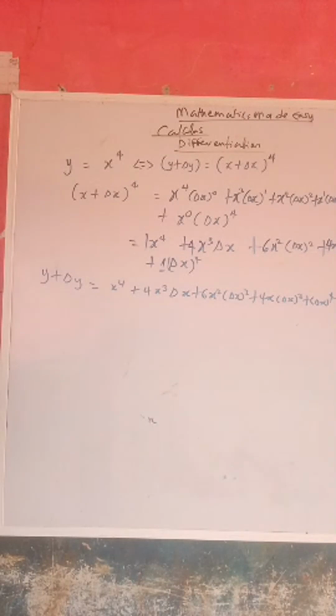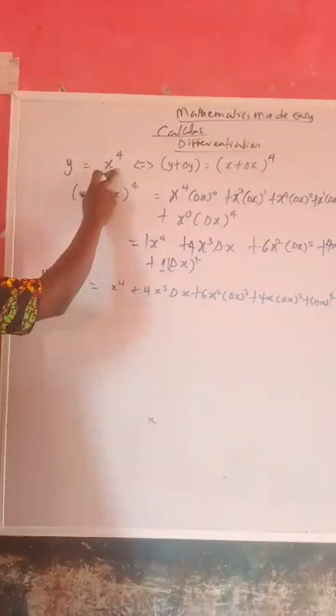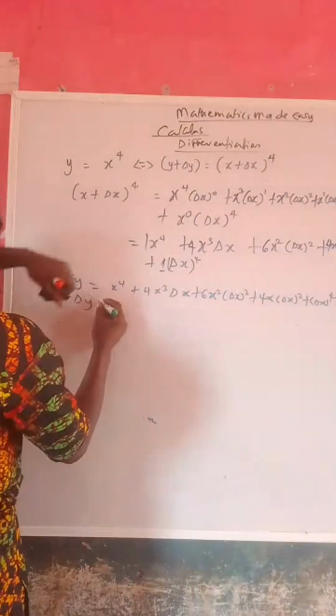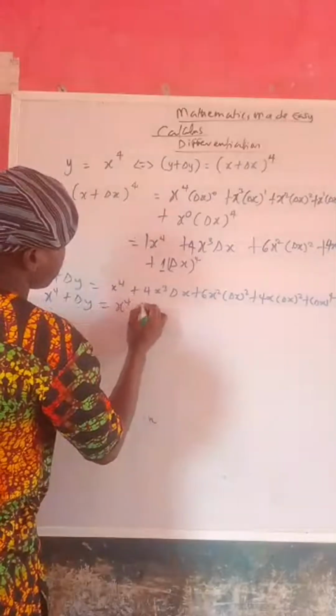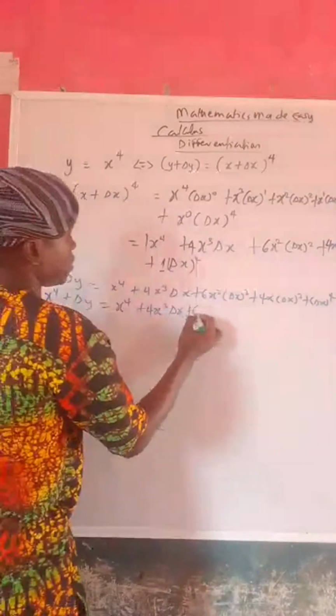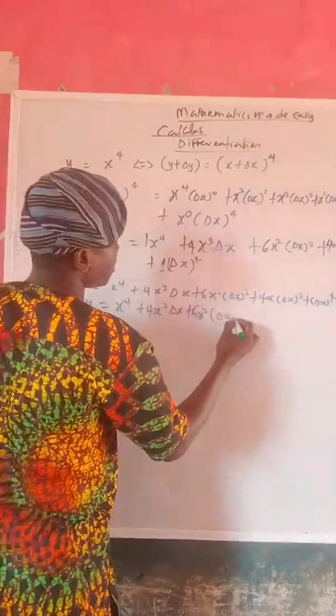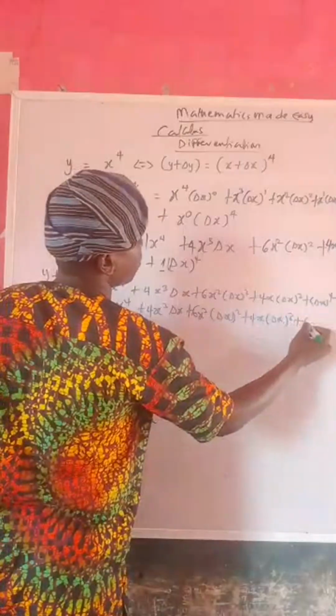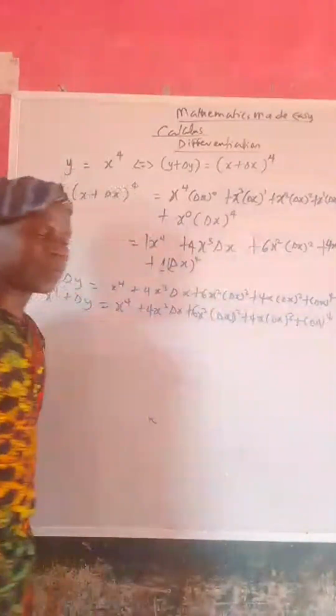Good. So we know y is x raised to the power of 4. Alright? So we have x raised to the power of 4 plus increase in y equals x raised to the power of 4 plus 4x to the 3rd power multiplied by changing x plus 6x squared into bracket changing x to the 2nd power plus 4x changing x to the 3rd power plus changing x to the 4th power.